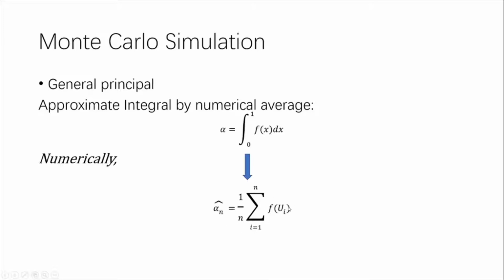If you multiply by f(U_i), which is the height of the rectangle, this gives you the area of the rectangle. So you sum all the areas of the small rectangles. You're trying to approximate the area by rectangular summation. Okay, that is the general principle of Monte Carlo simulation.